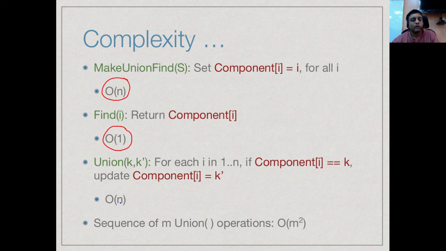Right? So if we do a sequence of m such operations, then this will be order m times n, right? And if it is n such operations, it will be n square. Right? So a sequence of m operations, each of them will take order n time, and we would like to improve on this. So basically we want to see if we can improve on the speed of the union operation.